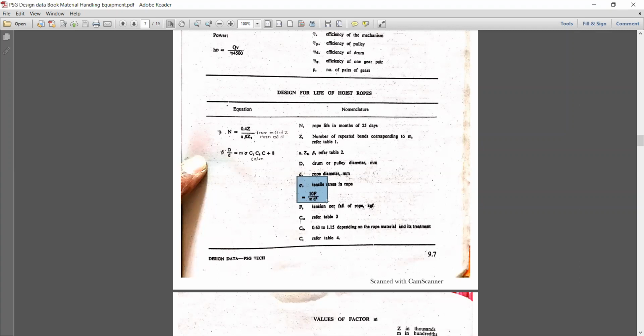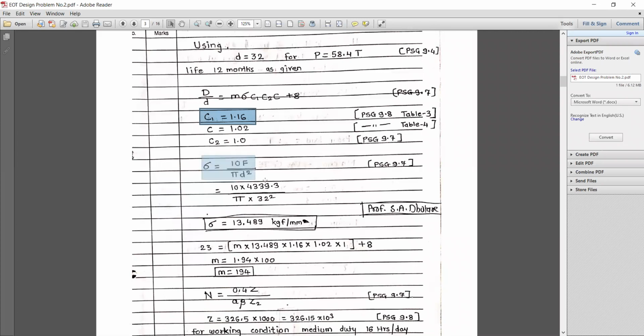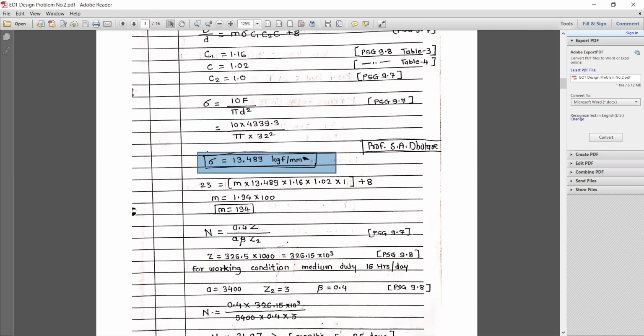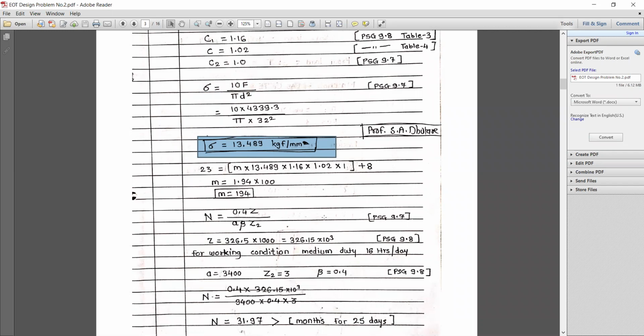So putting all the values, what we get, we are referring to this equation, putting all the values, sigma is equal to 13.489 kgf per mm square.